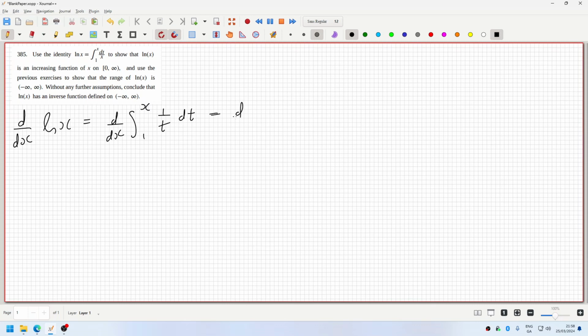That would be the derivative of whatever the antiderivative function is, from 1 to x, so the derivative of f(x) minus f(1).